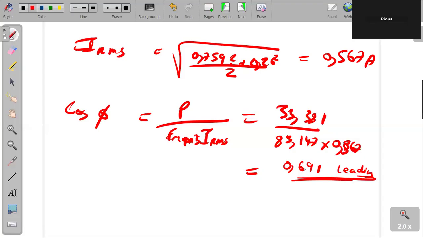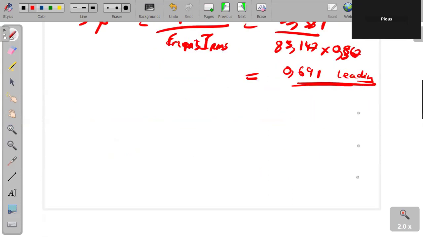Now, just out of interest, how did we come up with the leading? How did we know that? To check the nature of the power factor, you check what Imax 1 is doing with respect to Emax 1. I'm talking of the two expressions that we have, the expression for current and the expression for voltage. You are having the reference there.